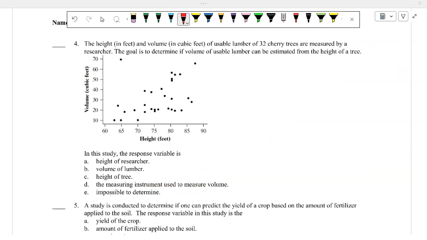Okay, the height in feet and the volume in cubic feet of usable lumber of 32 cherry trees are measured by a researcher. The goal is to determine if the volume of usable lumber can be estimated from the height.